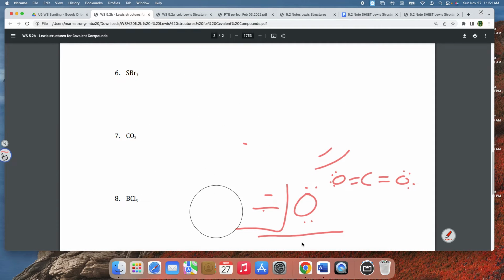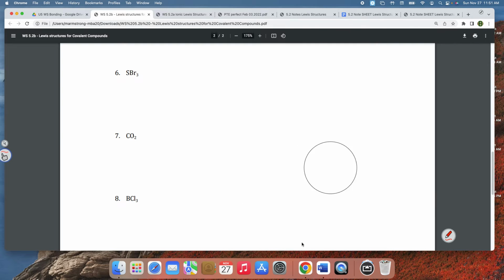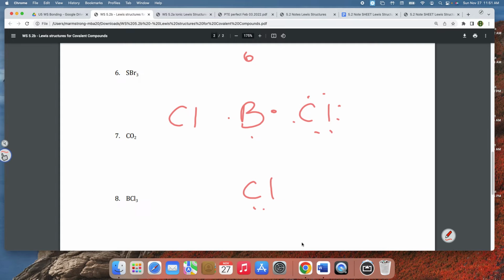BCl3. B just wants 6, remember, and it has 3. And each Cl, I'll move this one down to here. Each Cl has 7. We'll share, we'll share, we'll share.